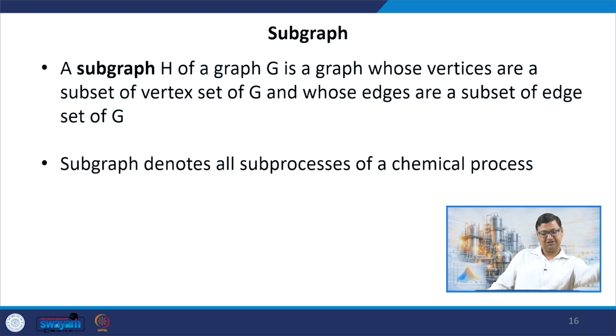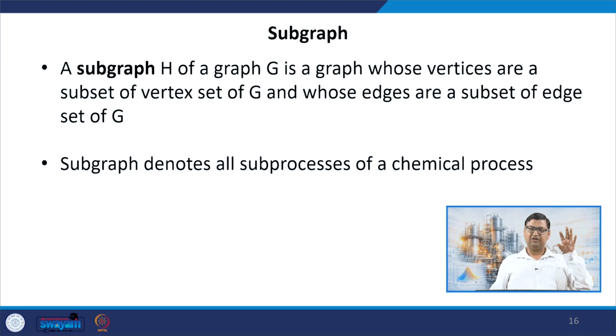A few more definitions. I can define something known as a subgraph H of a graph G, as a graph in itself, whose vertices are a subset of the vertex set of G. I told you earlier that the graph contains a set of vertices and a set of edges, right?